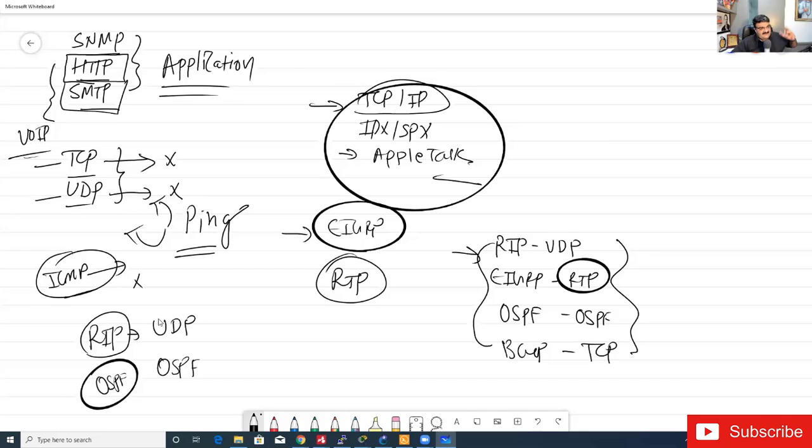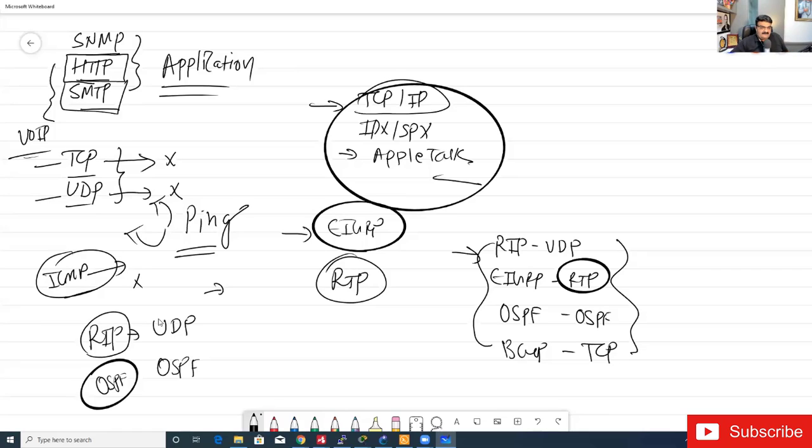It can be supported by adding modules. Because of this, when we use EIGRP for IP version 6, we are not talking about any new version. They just added the module, and now EIGRP supports IP version 6.